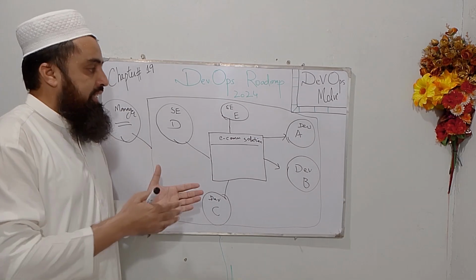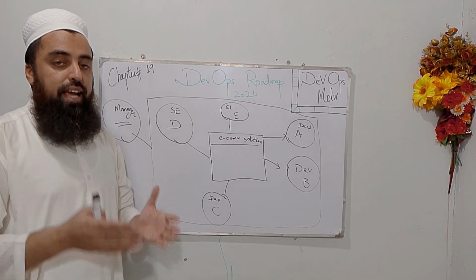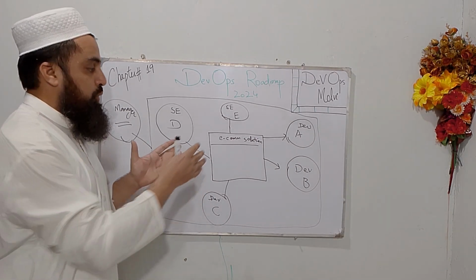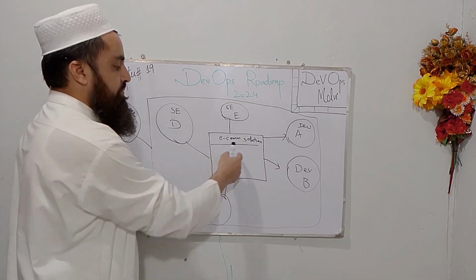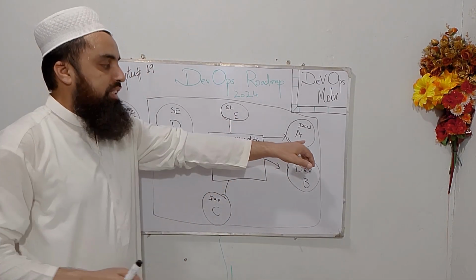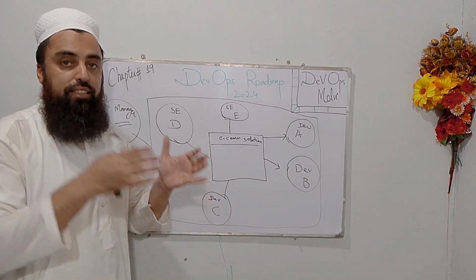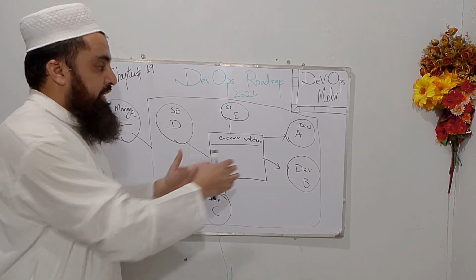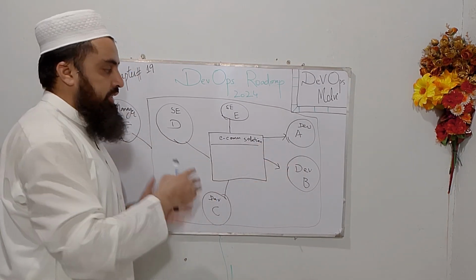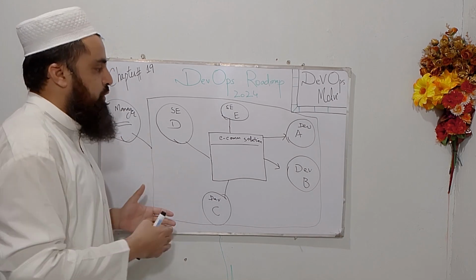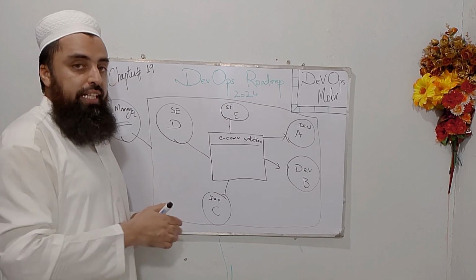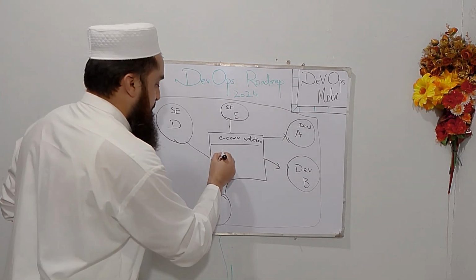So Git helps us to know what these developers are working on, because each developer will create a separate branch, and on that branch he or she will write the code, and that code is merged with the master branch.